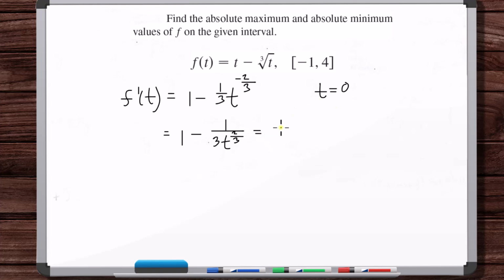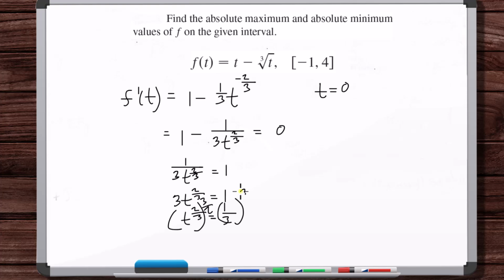But where does this equal 0? Is there a point where this equals 0? So 1 over 3t to the 2/3 is equal to 1. 3t to the 2/3 is equal to 1. t to the 2/3 is equal to 1/3. Raise to the 3/2, so t is equal to 1/3 to the 3/2.